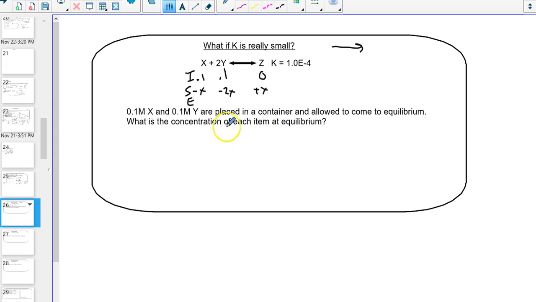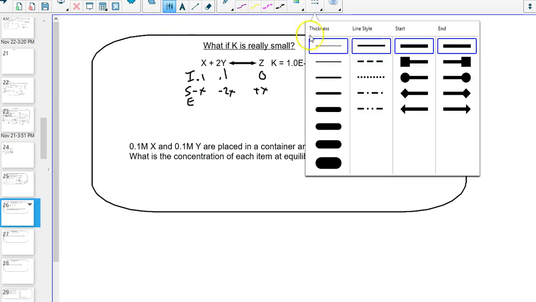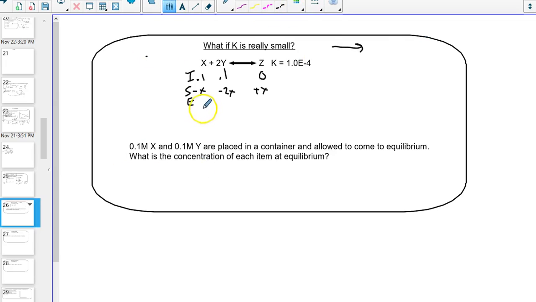So at the end here, what do I get? Give myself just a tad more room. I get 0.1 minus x, 0.1 minus 2x, and then I get x. Essentially, I have my K value equals the concentration of Z over the concentration of X times the concentration of Y squared.